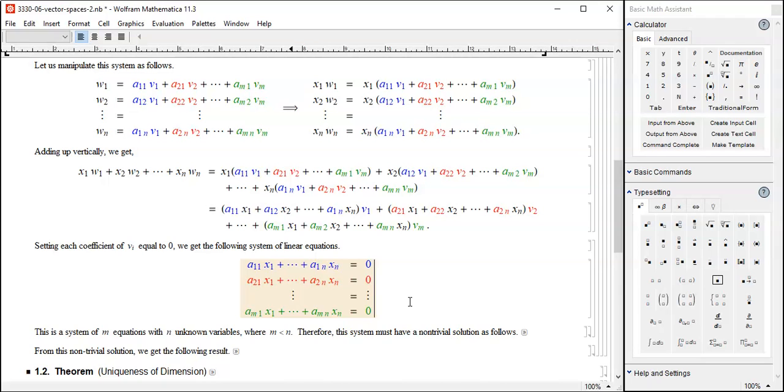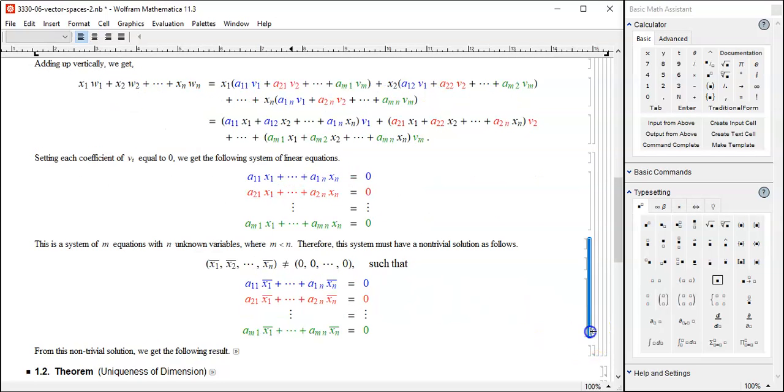We have non-trivial solutions. So, in particular, we have a non-trivial solution, x1 bar, x2 bar, x3 bar, all the way up to xn bar. Not all of them are equal to 0, because this is a non-trivial solution, and they satisfy this system of linear equations. So you can write it like this: x1 bar satisfies the first equation; x1 bar, x2 bar, x3 bar, all of those satisfy the first, second, third, all the way up to the last equation.